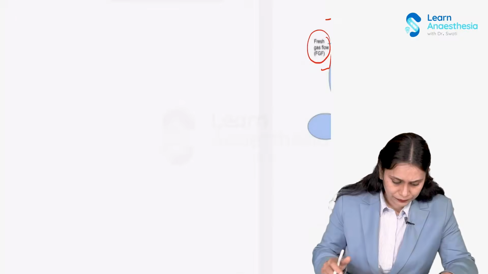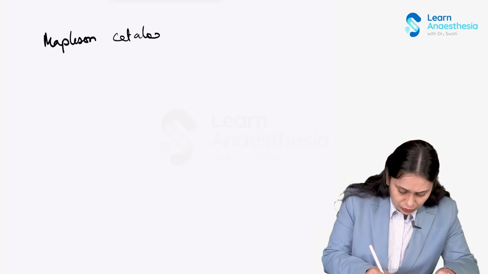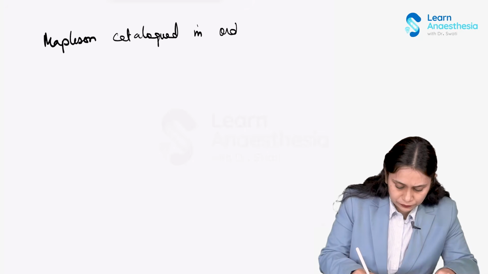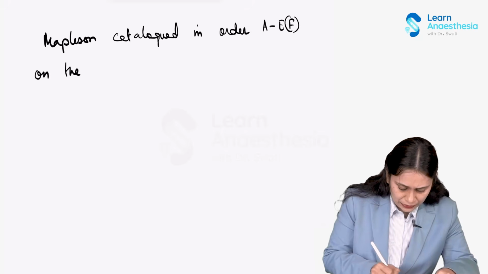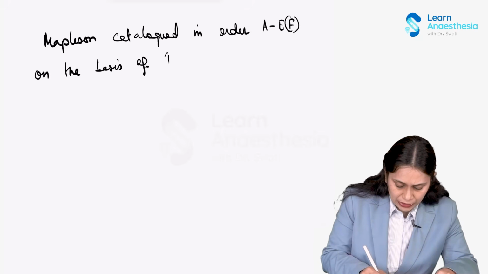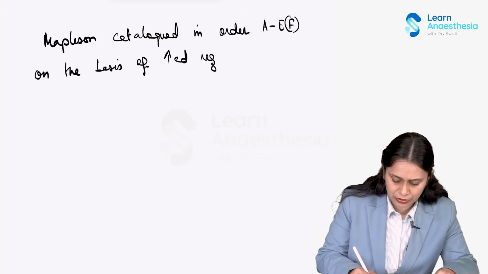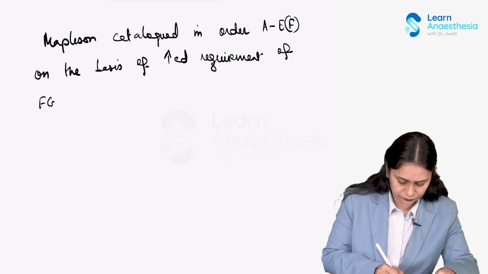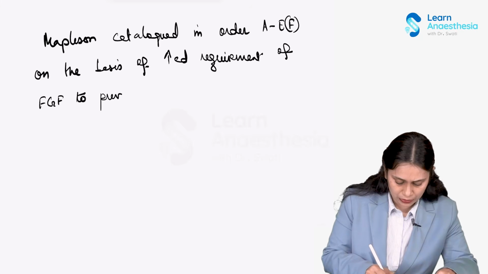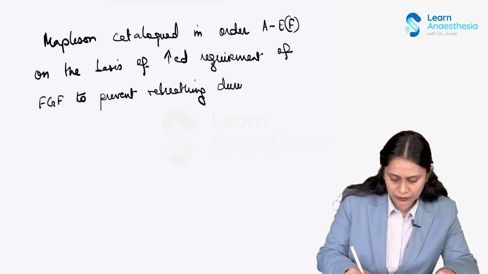Okay. So, what I am trying to tell you is that Mapleson catalogued in order A to E and later on F on the basis of increased requirement of fresh gas flow to prevent rebreathing during spontaneous ventilation, right?